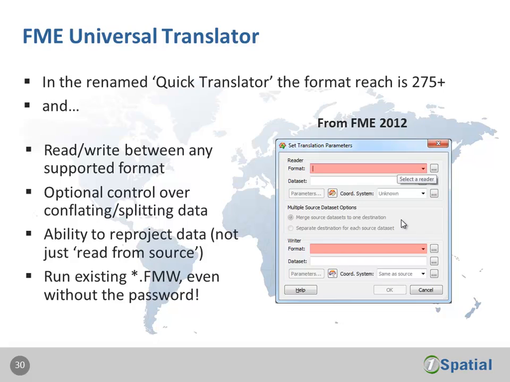One hidden capability that isn't always noticed straight away is that the Universal Translator can also run FME workspaces, even without a password should the workspace be protected. This means that you can pass workspaces to colleagues who are less capable with FME, or perhaps you want to protect your work, and they can still run it using the Universal Translator without you having to give them the password.